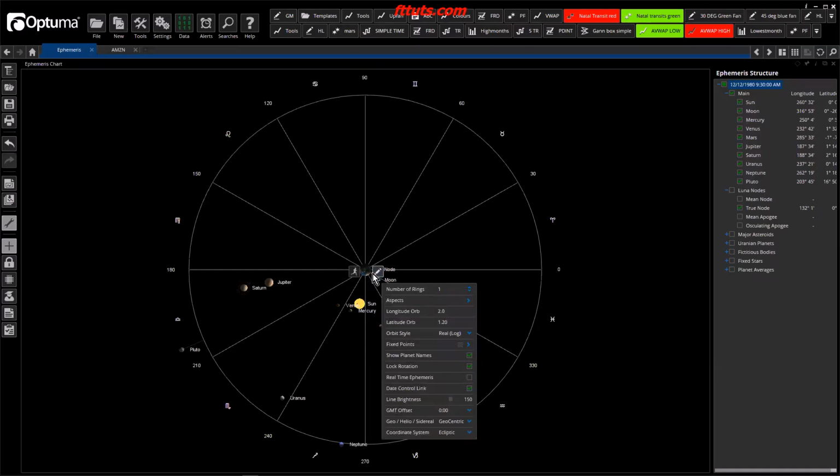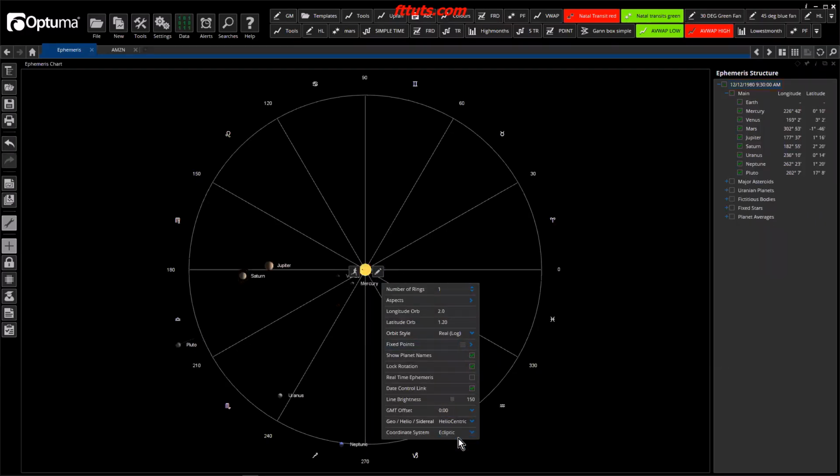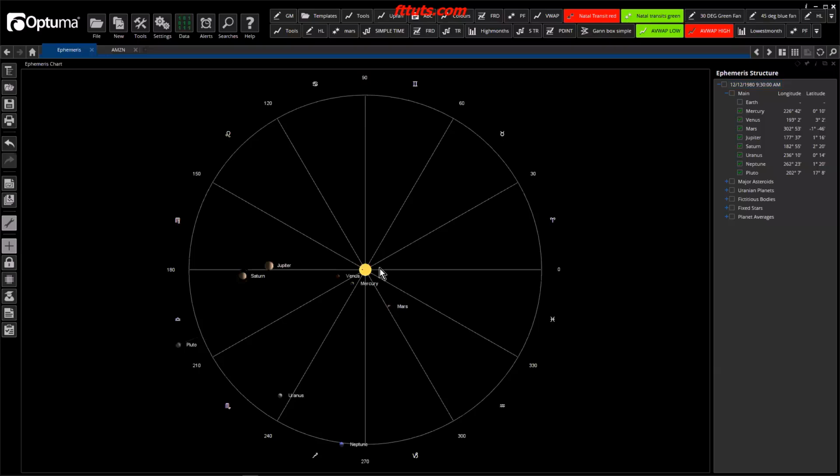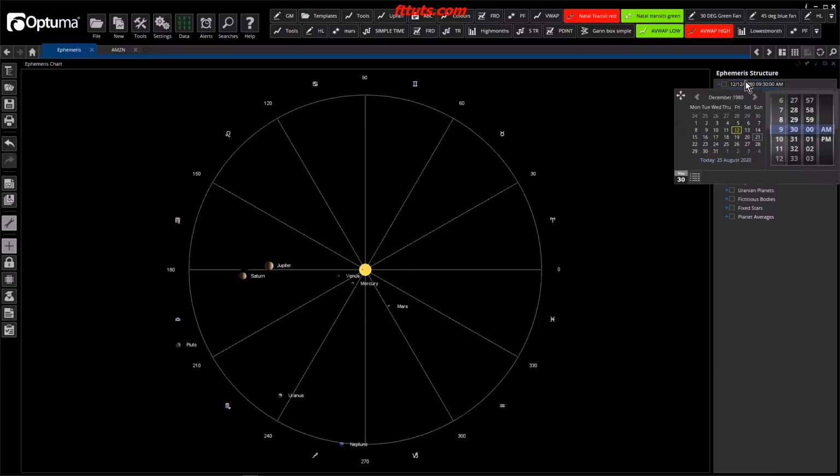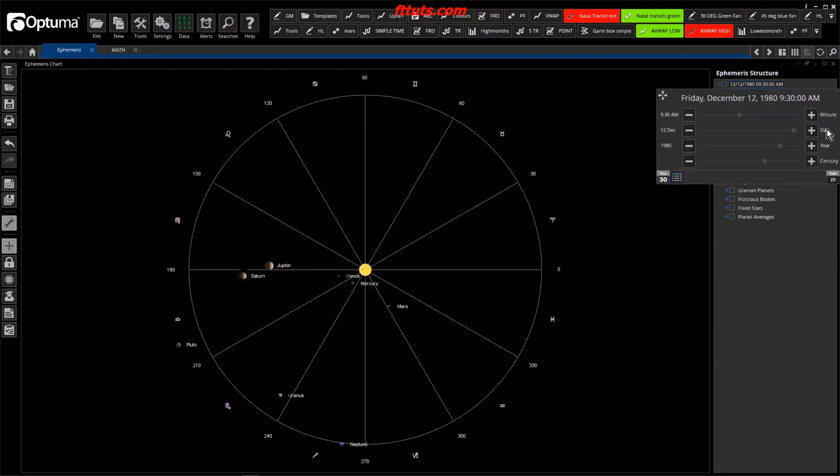If I put them to heliocentric, the sun is in the center and the planets go around the sun. It's set right now to 12/12/1980, but if I slide the time into the future, you'll see the planets move and go around the sun.